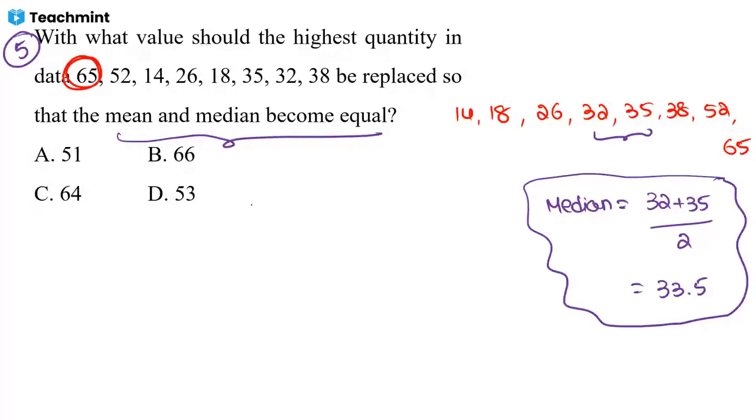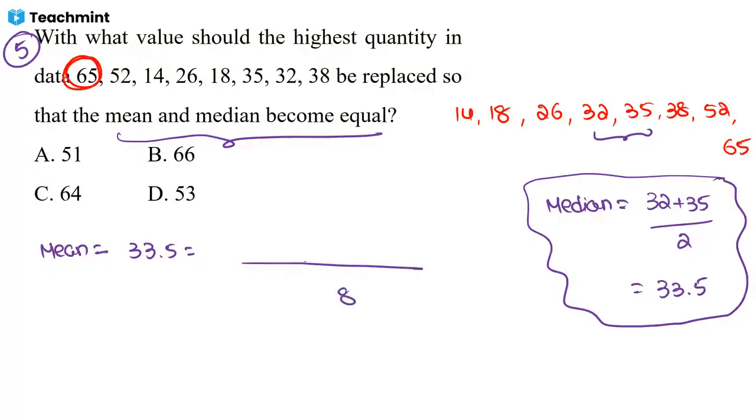Now mean and median both must be equal. What is the highest quantity? 65 should be replaced by which one? Mean is nothing but sum divided by total. Mean and median both equal means mean should be 33.5, which is the sum divided by 8.